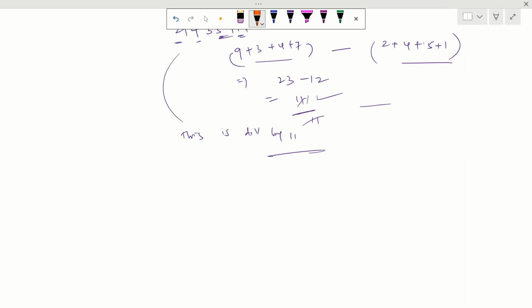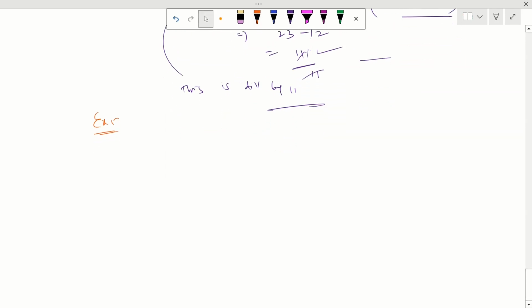Now we'll be solving some interesting exercises. Suppose in your examination you are asked to calculate the product of 4093405 into 499.